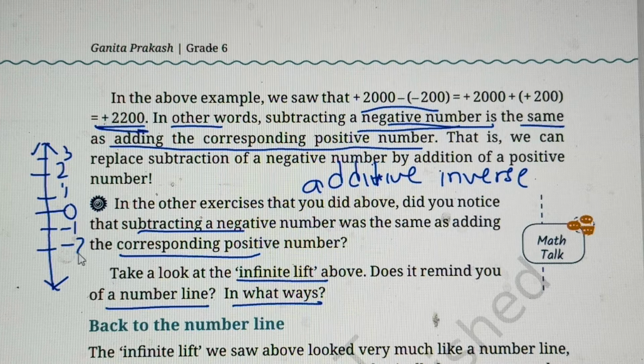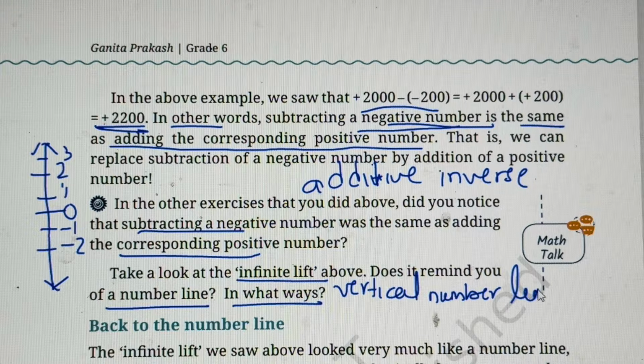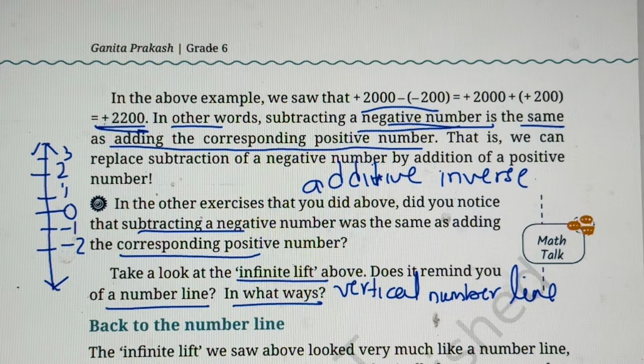That's it. The lift is compared with a vertical number line. So if you imagine a number line, it's very easy for you to either add or subtract or compare any numbers.